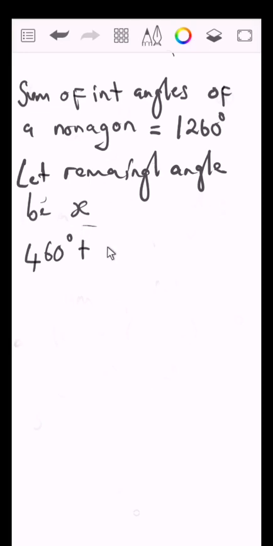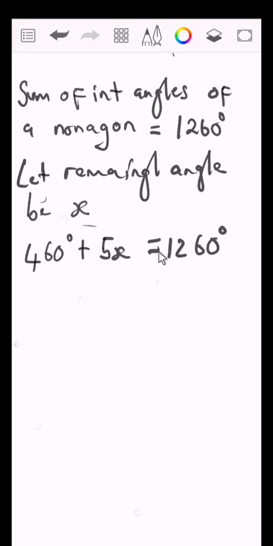That means they should be 5x, since we get x plus x plus x plus x plus x. Angles that are equal can be represented by one variable, which is x. So since there are 5, we say 5x. So 460 plus 5x is equal to 1260. This is how we find the size of each remaining angle.